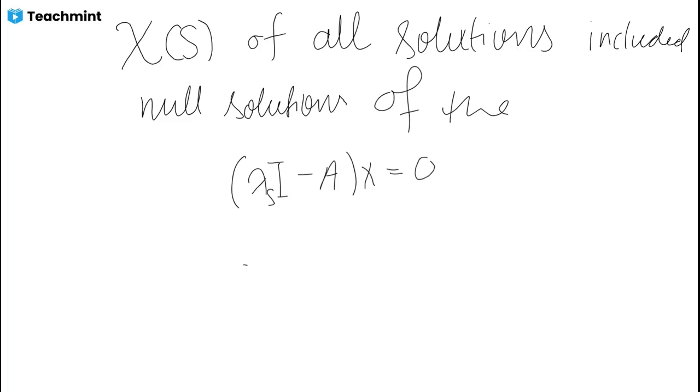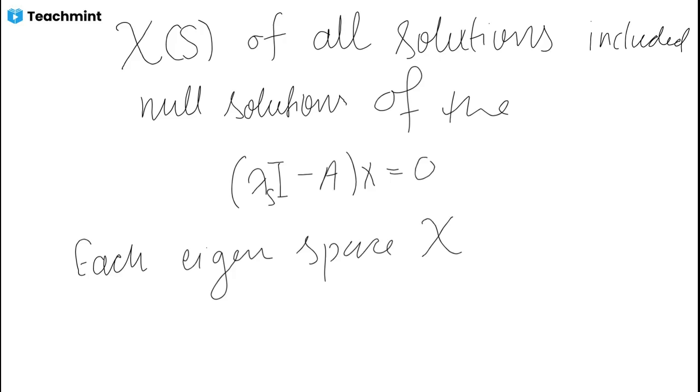Each eigenspace, chi lambda s, having s equal to 1, 2, and so on, is a linear subspace of Rn. Why, I'm telling you.